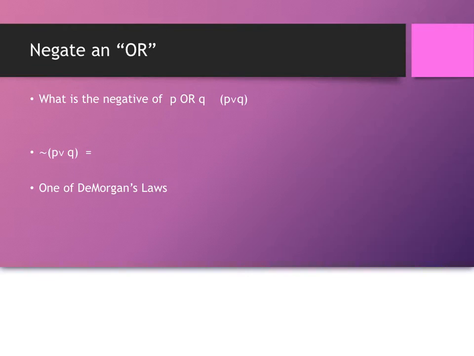Now we can negate an or in a really similar way. Again, this is one of De Morgan's laws, but basically almost the exact same. You switch the or to an and, and you negate both parts.